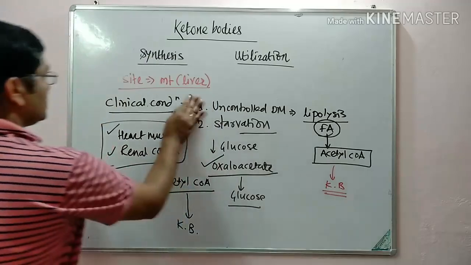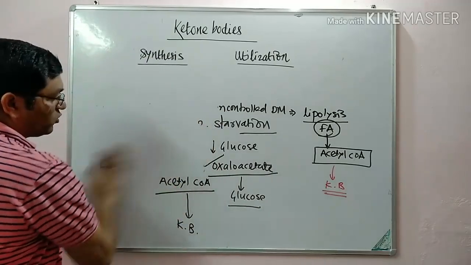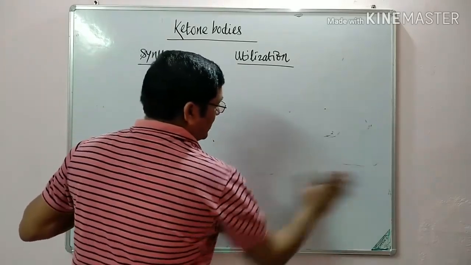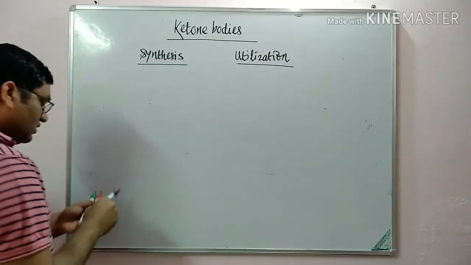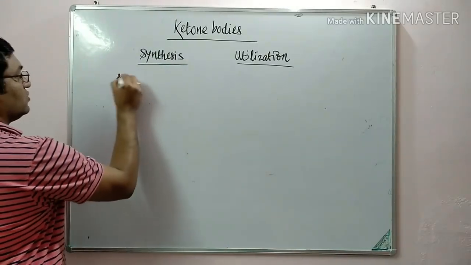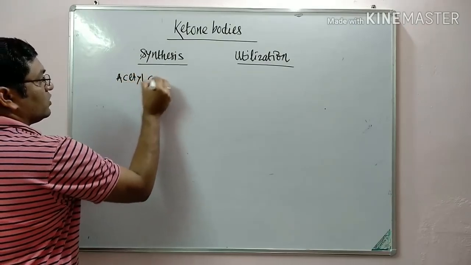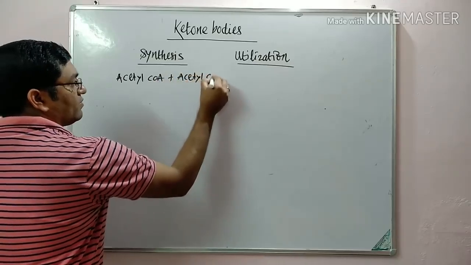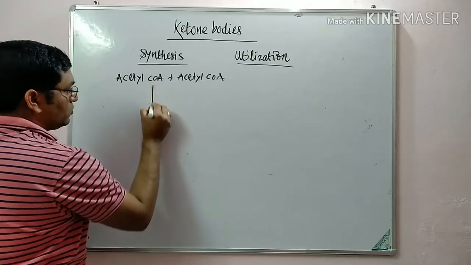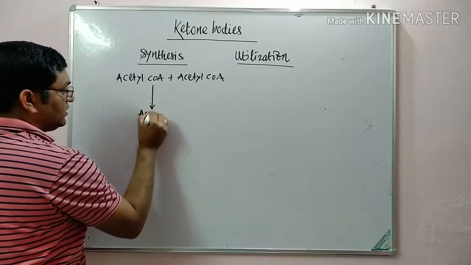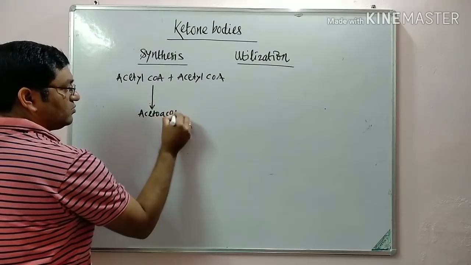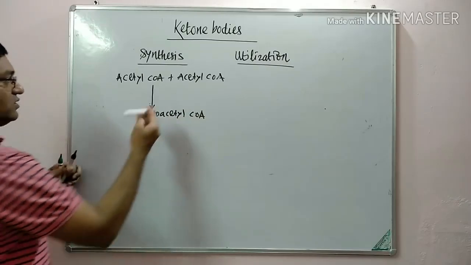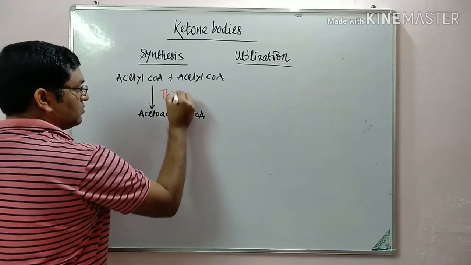Now coming to the synthesis proper, or steps in ketone body synthesis. Two molecules of acetyl coenzyme A condense with the help of thiolase. Acetyl coenzyme A plus acetyl coenzyme A give acetoacetyl coenzyme A. The enzyme here is thiolase.